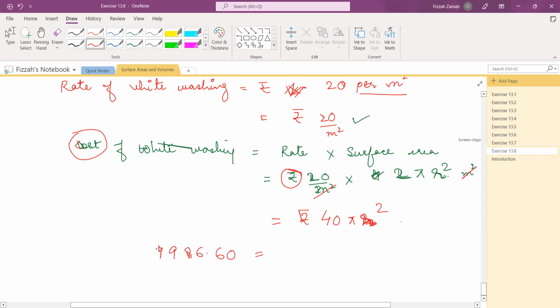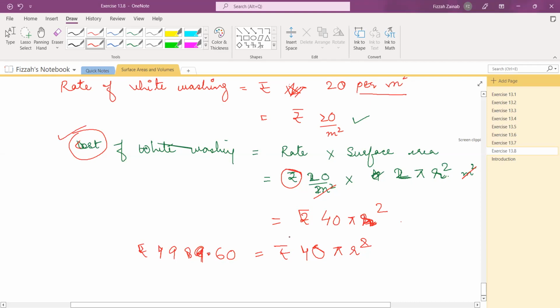This is equal to rupees 40 pi r square. Yes, ma'am, it's 498960. Okay. Is this point clear to everybody so far? Yes, ma'am. Because this cost is already given in the question, I have just put the value here.